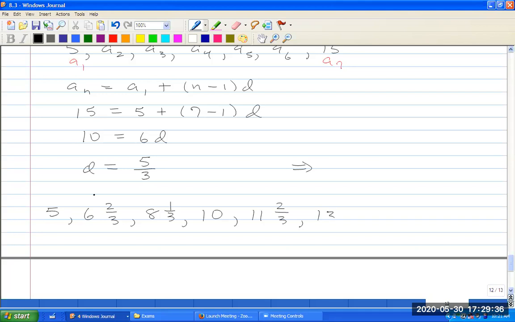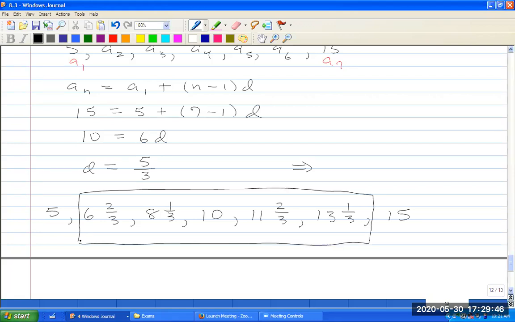And so my 5 arithmetic means are these 5 terms in my sequence.